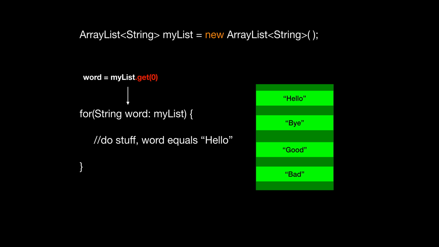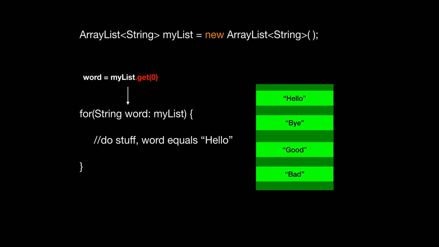So the for each loop, in this case, has a string. I'm going to call my variable word, and I'm going to use the collection my list. What's happening is that it's setting the .get 0 to whatever value that is. It's storing it in the variable that you told it to use.